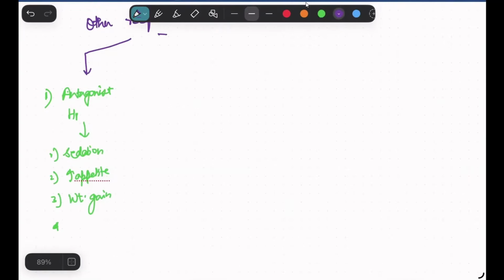The second one is it also acts as an antagonist at 5-HT2C receptor. What does 5-HT2C receptor antagonism do? First, it increases the cognitive efficacy.